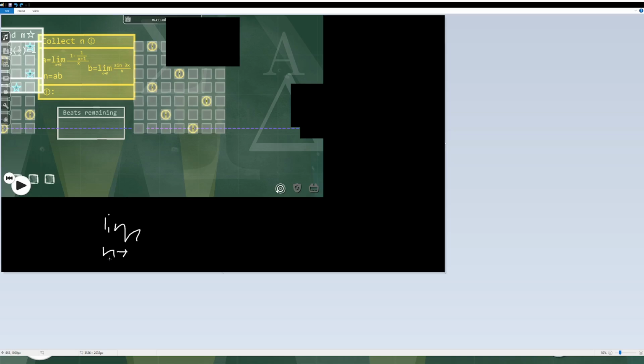Hopefully I can explain this in 5 minutes. The limit as x approaches a of f of a minus f of x over a minus x.